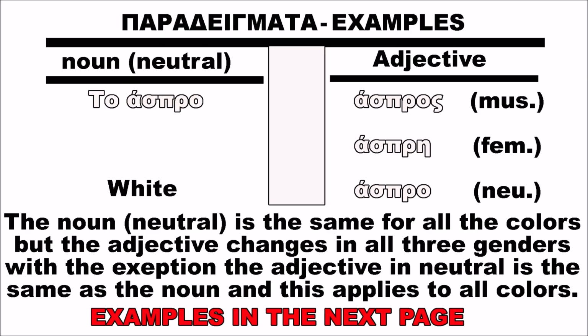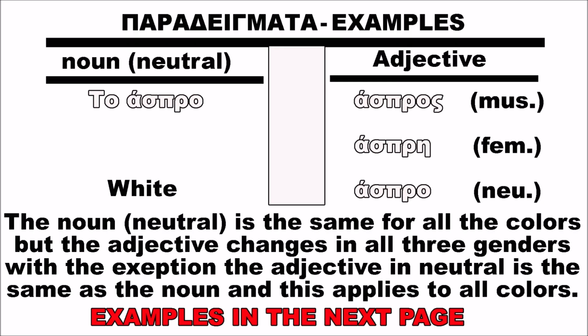Παραδείγματα, examples. Το άσπρο. On the left, το άσπρο, noun, neutral. And on the right we have the adjective: άσπρος for masculine, άσπρη for feminine, and άσπρο for the neutral.